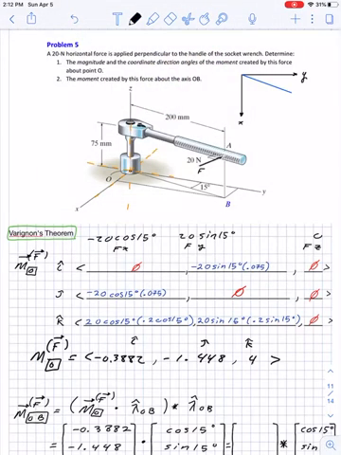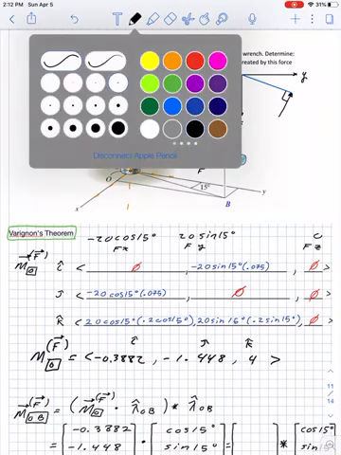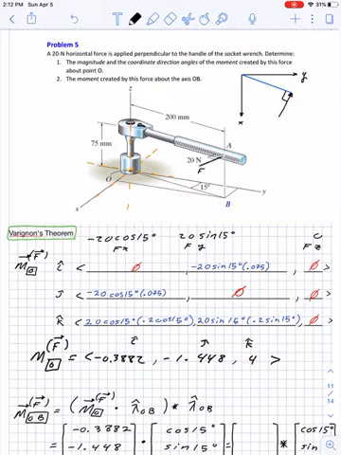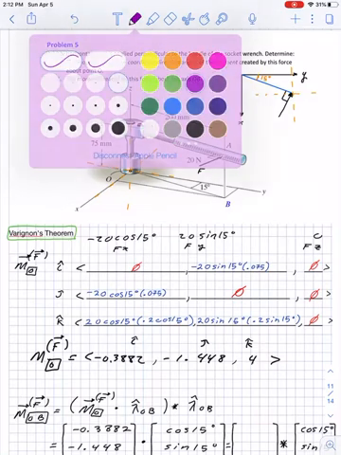But we know that this force F is perpendicular to that arm. Right? And if we draw an imaginary axis that represents the directions of the x and y, we can see that we know that this angle is 15 degrees.